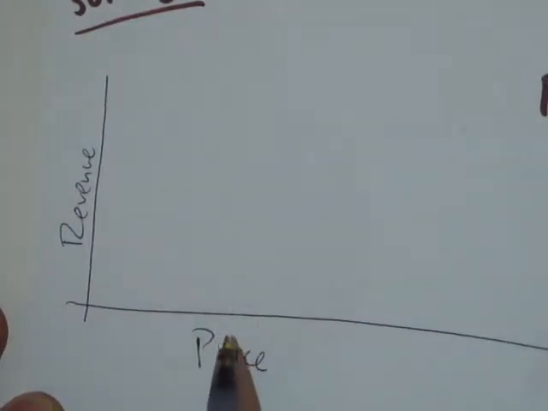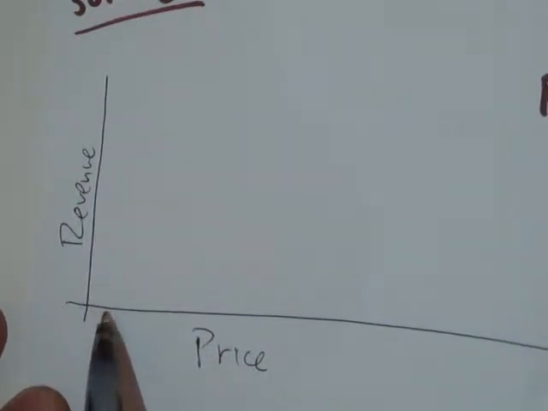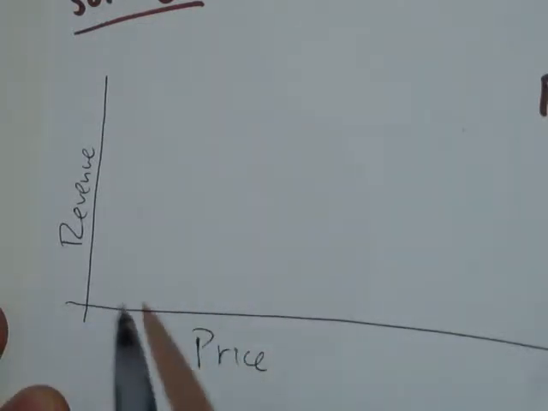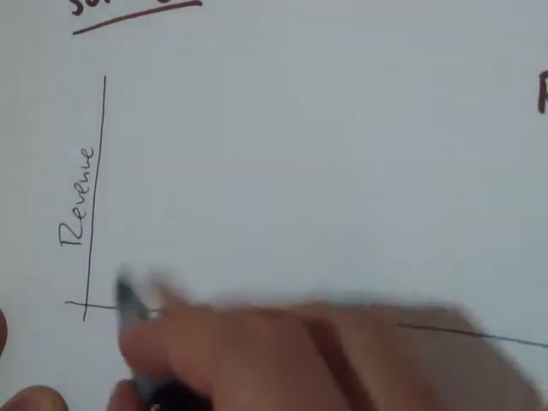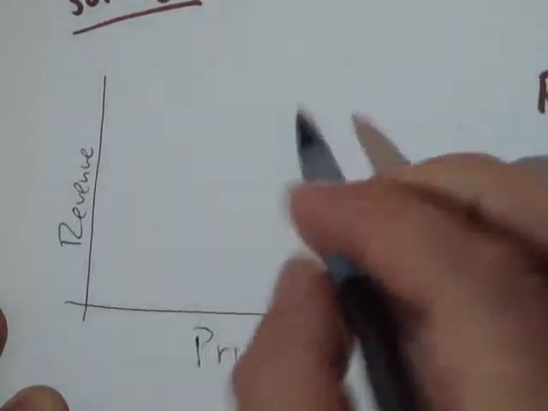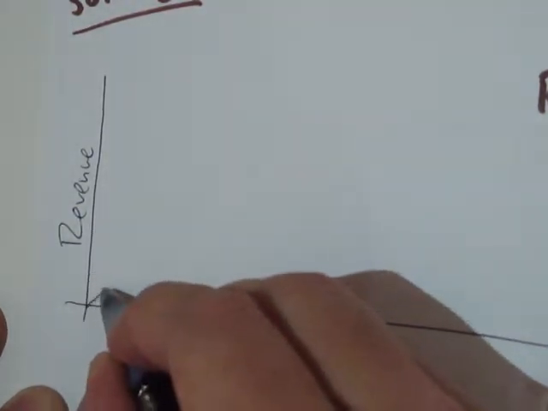If they sell the lawnmower for a very, very cheap price, so way down here at the bottom, they won't stand to make a lot of money because they're gonna sell it really cheap. They might lose money on each one, so they're not gonna make all that much money. So it looks something like this.